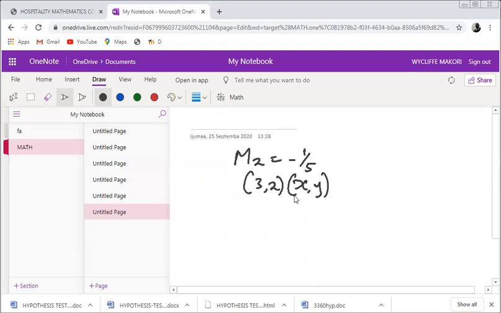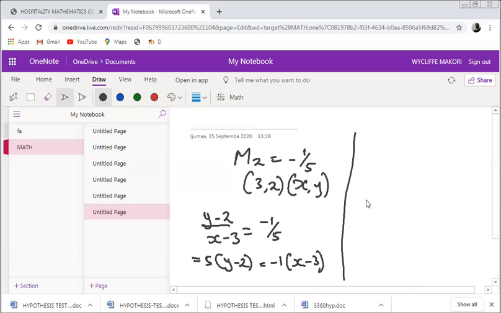This other line also passes through (x, y). So if we do change in y over change in x, then they should give us this negative 1 over 5. So y minus 2 over x minus 3 should give negative 1 over 5. If you cross multiply, 5 multiplies here, negative 1 multiplies here, you'll find that 5 into y minus 2 is equal to negative 1 into x minus 3.